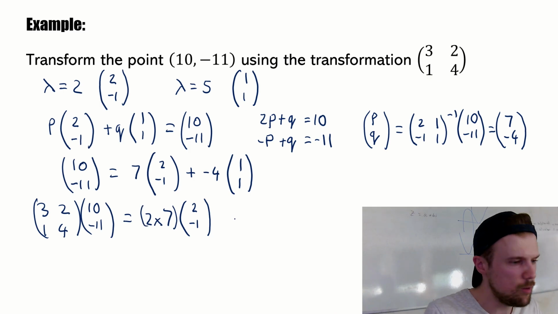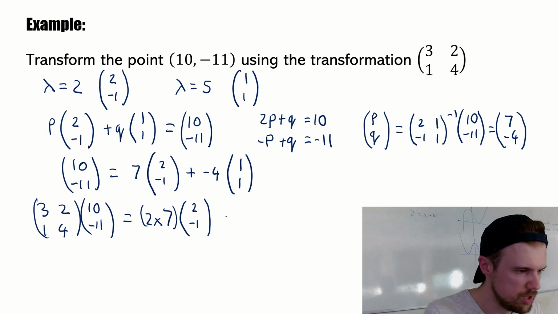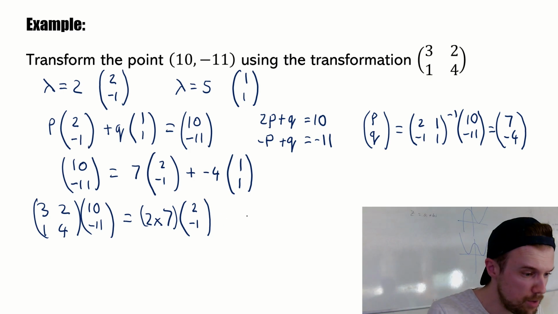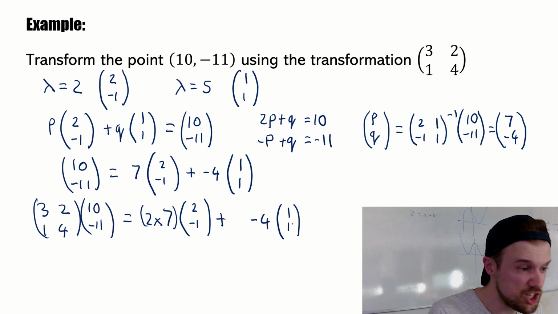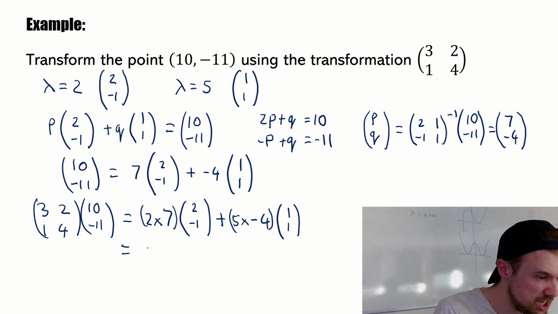And then we are also doing a stretch scale factor 5 in the direction (1, 1). So before we had minus 4 lots of (1, 1), but now we're going to be stretching that scale factor 5, so we're going to be doing 5 times minus 4 lots of (1, 1). So therefore we've got 14 lots of (2, -1), and we've got minus 20 lots of (1, 1).